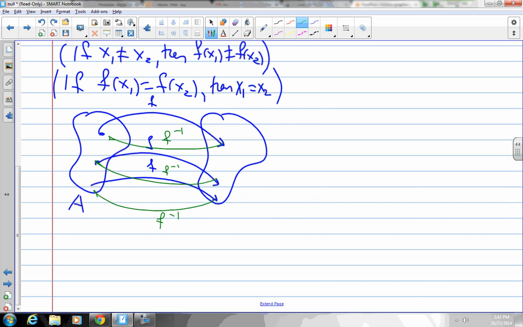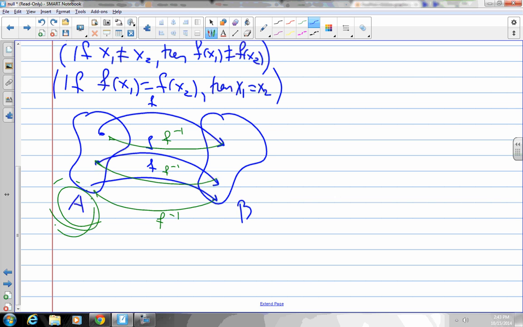In this diagram, what is the domain of f? What is the f start? What is the domain of f? A, right? That's the starting point of f. What is the range of f? B, right?